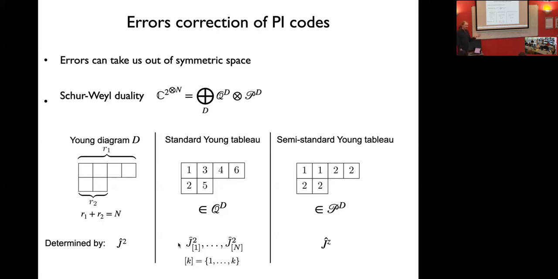So like the first qubit, the first 2 qubits, the first 3 qubits, up to the first n minus 1 qubits. And so those observables tell you what Young tableau you're in. And then finally, there's a semi-standard Young tableau, which is an ordering of these boxes with 1s and 2s. And that ordering is determined by the eigenvalue of the collective JZ operator.